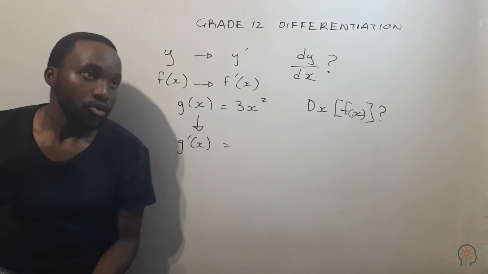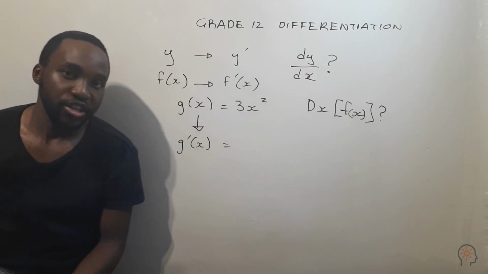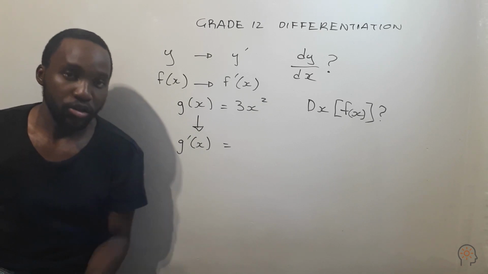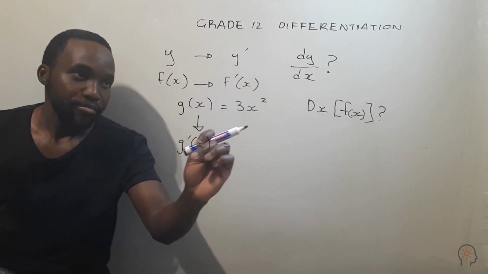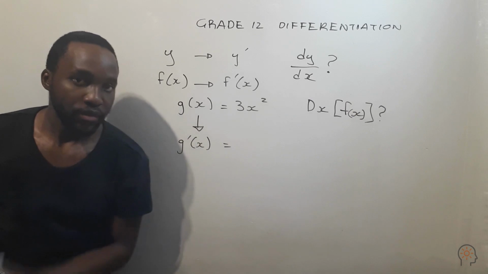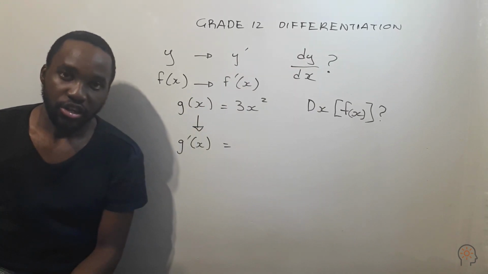So just keep in mind that if you see things like y prime, f prime, dy over dx, or d over dx with square brackets with f of x inside, you will definitely be working with differentiation.